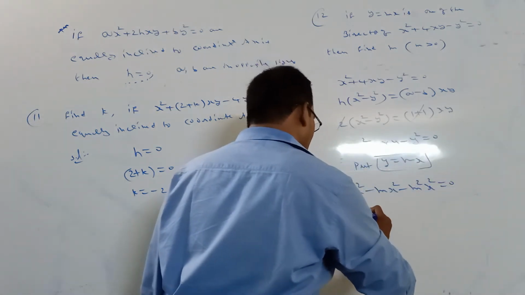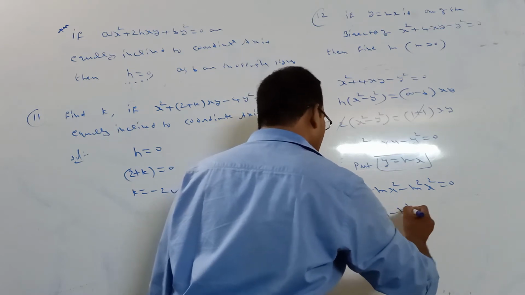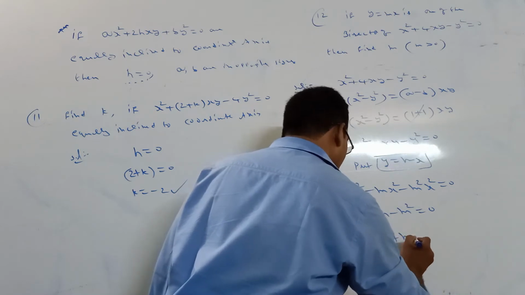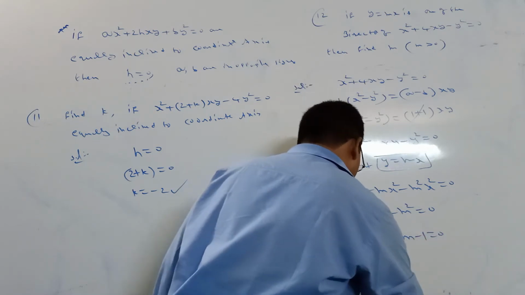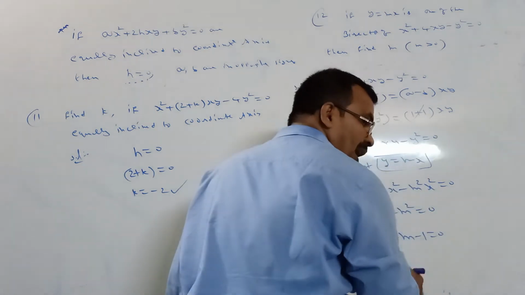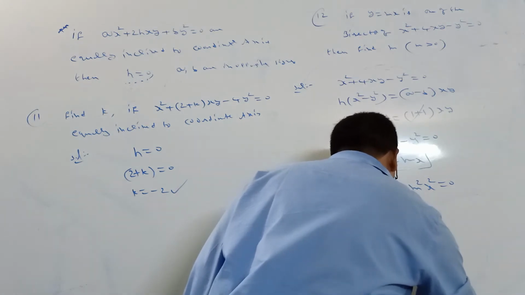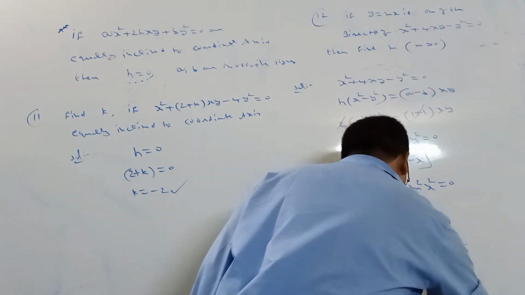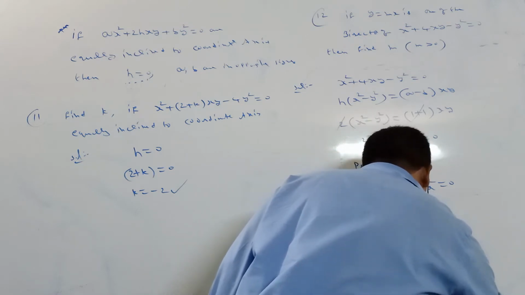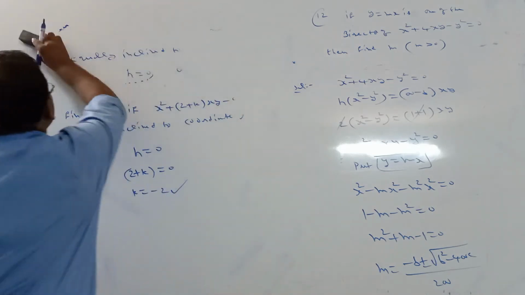So take x square common and form a quadratic equation in terms of m: 1 minus m minus m square equal to 0, that is m square plus m minus 1 equal to 0. This quadratic equation does not have factors, so apply the quadratic formula, minus b plus or minus root of b square minus 4ac, by 2a.